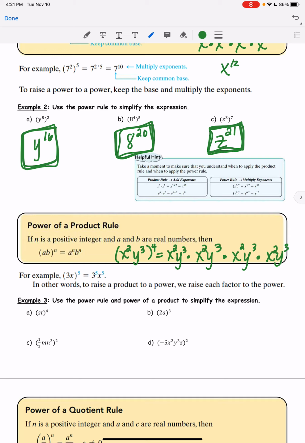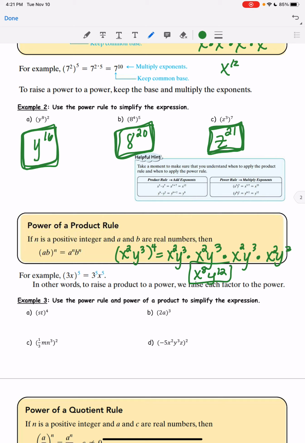Add your exponents with the same bases. So x squared, x squared, x squared, x squared: 2 plus 2 plus 2 plus 2 is x to the 8th. And then 3, 3, 3, and 3 give you y to the 12th.